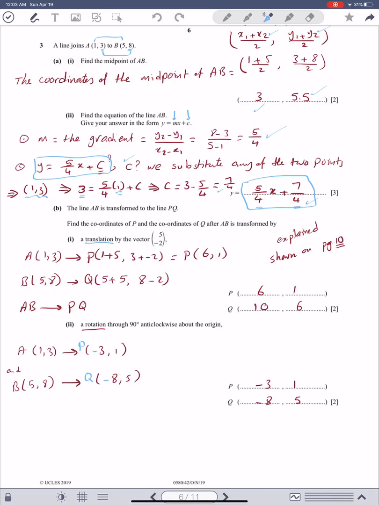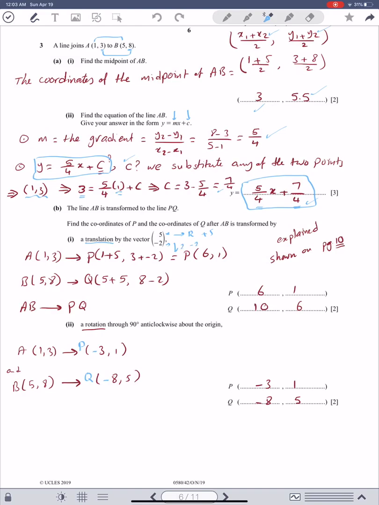(1, 3) by the vector (5, -2). This is the translation vector. Remember, this is the value of x, this is the value of y. This is positive, so we add to x, we move to the right. We add 5. This is the value of y, so we go down 2 units, or we subtract 2 from y.